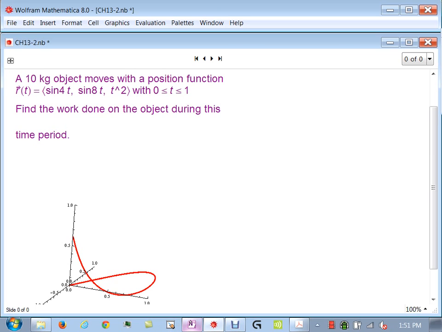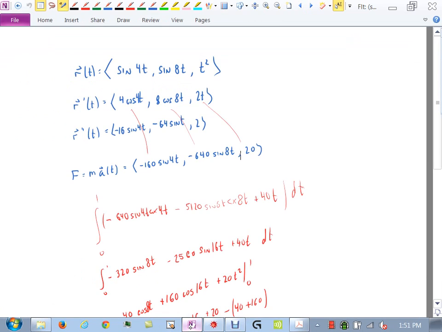I don't think it's going to be 0. So let me set this up here. First, remember this right here. Maybe remember it, maybe not. What is that?